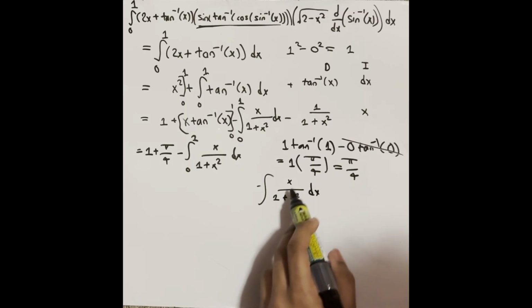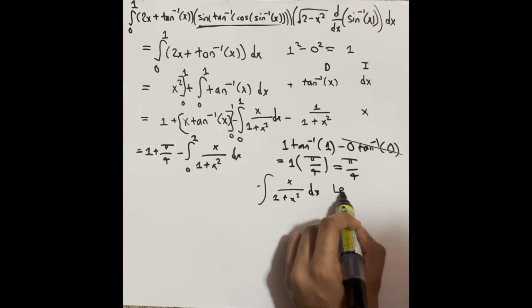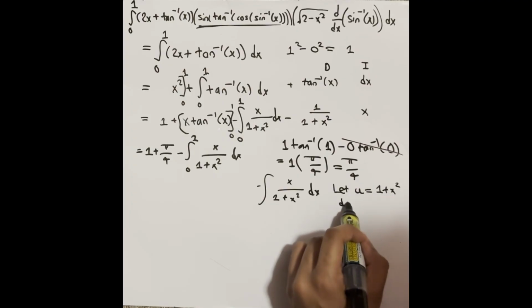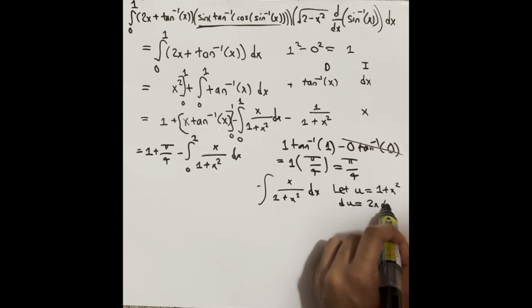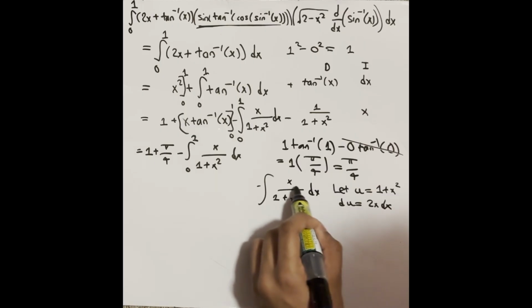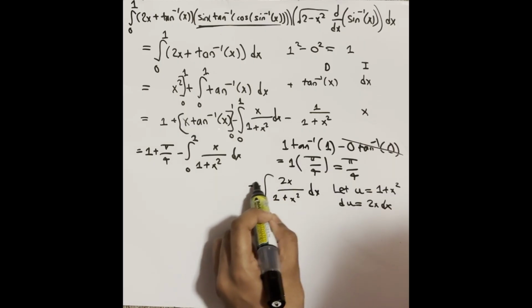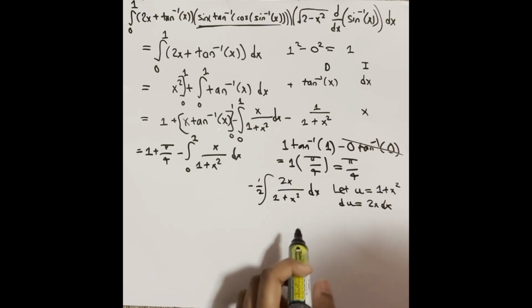For this remaining integral, we can use a u substitution. Let u equal the denominator 1 plus x squared, such that du is equal to 2x dx. We have an x, but we need a 2x, so multiply the x by a 2, but also multiply by 1/2 on the outside to cancel that out.